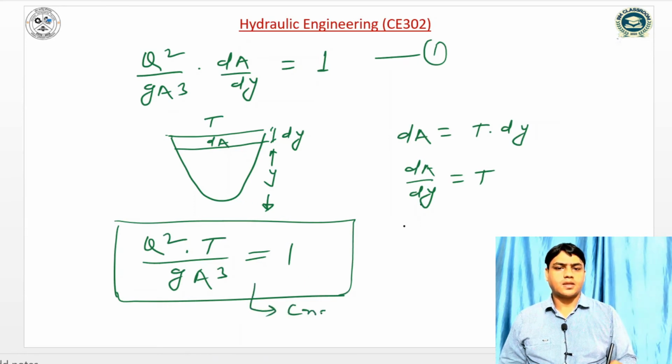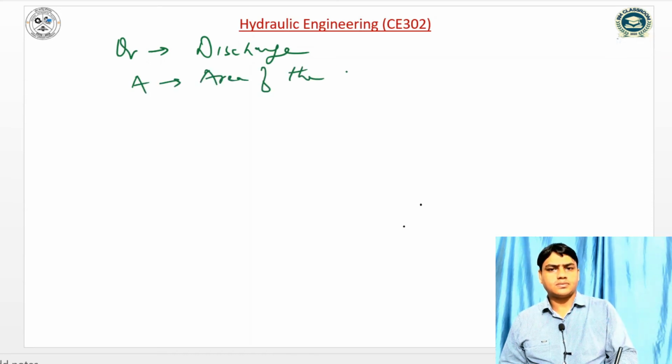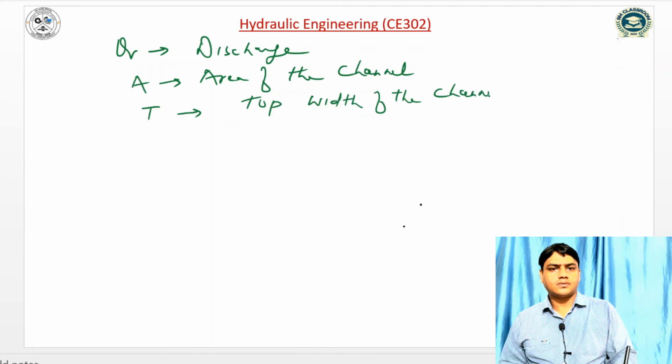So in any channel, when the flow is critical, we can apply this expression where Q is the discharge, A is the area of the channel, T is the top width of the channel, and g is the acceleration due to gravity.